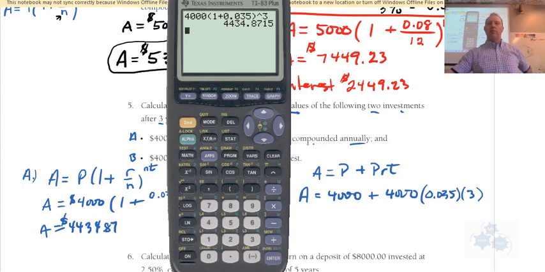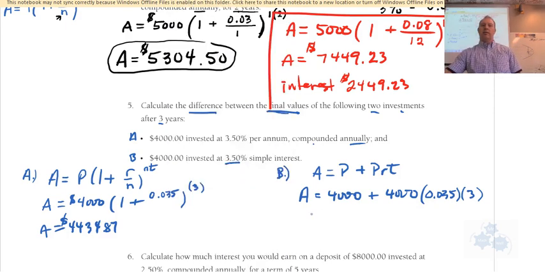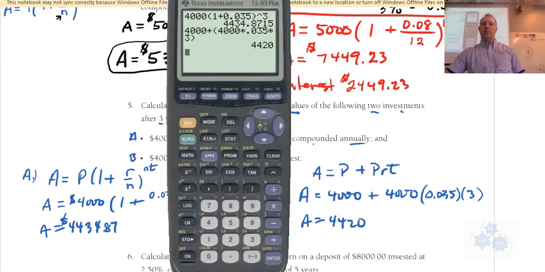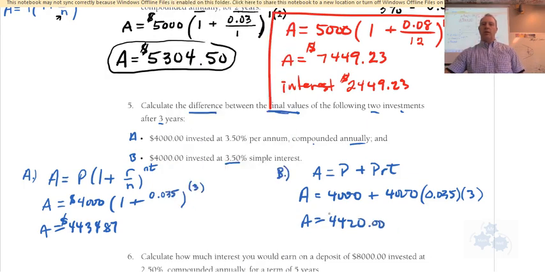So yeah, probably going to be less. Let's just see. 4,000 plus, and this is going to be 4,000 times 0.035 times 3. Can do that all at once there, and 4420. Oh, 0.00. So let's see, were we correct? 4434, 4420. Yeah, a little bit less with simple interest.